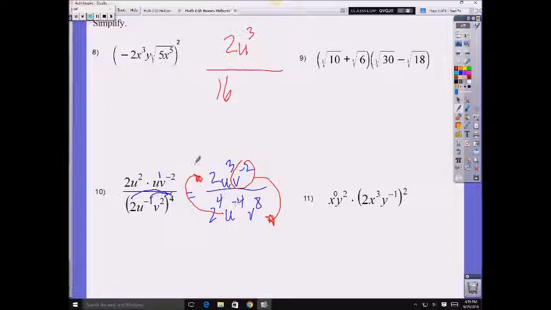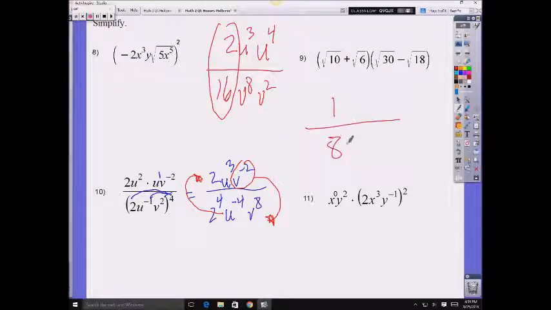I'm taking these u's up where they will become positive. I got V8 and I brought down V2. Okay, 2/16, that will simplify to 1/8. And let's see, I've got U to the 7 and V to the 10. And that is as simplified as it gets.